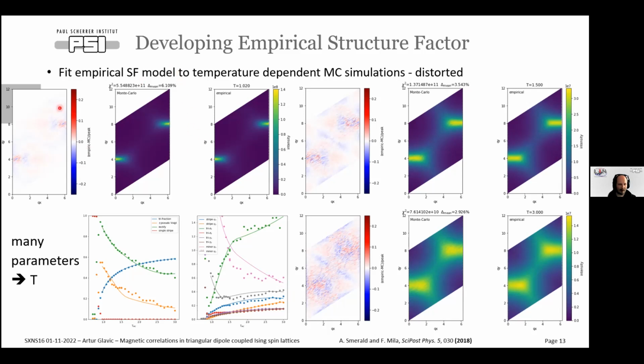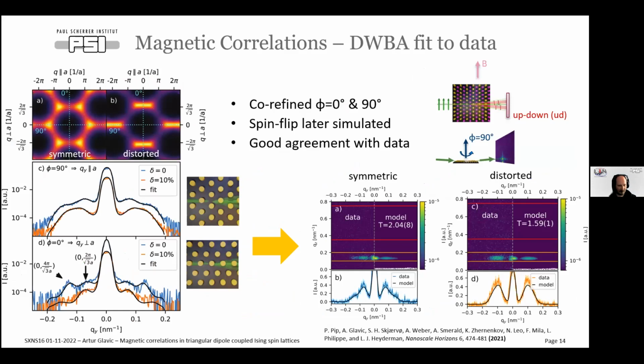In the very highly correlated area, it's a bit bigger, 6% deviation. Then the whole model has only one free parameter, the Monte Carlo temperature, and this we fit to our data. And we co-refined the 0 and 90 degree orientations of the sample for the symmetric and distorted lattice.